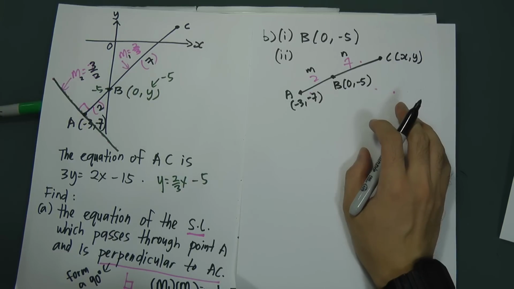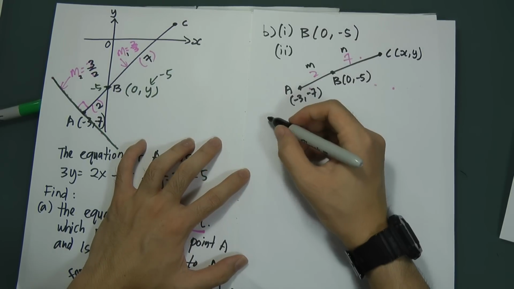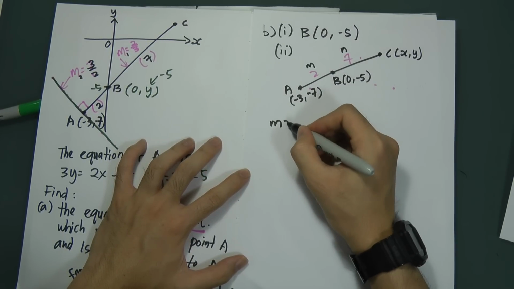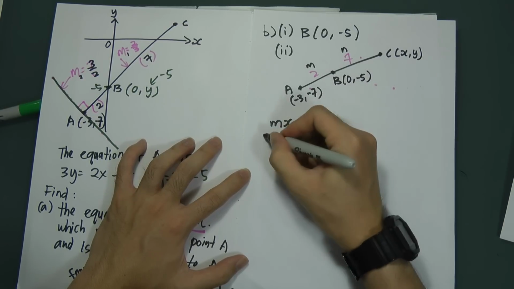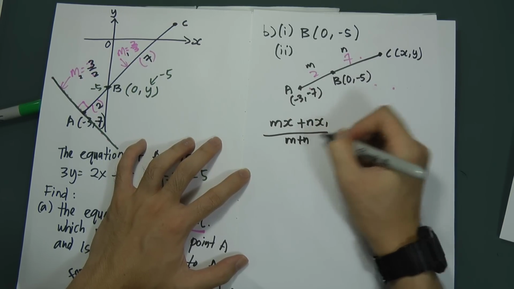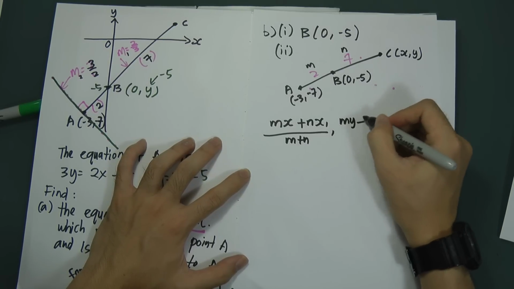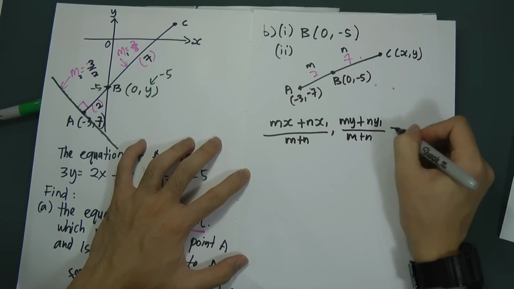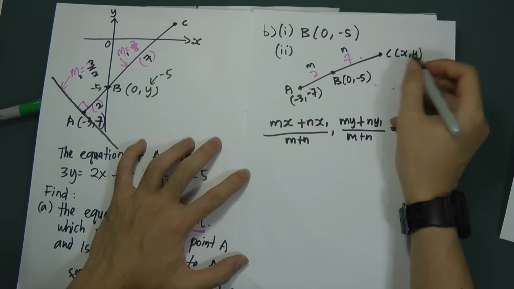But you must be very familiar with the formula. The formula is like this: (mx + nx1) divided by (m + n), comma, and then (my + ny1) divided by (m + n) equals (x, y). This xy is not for this xy.